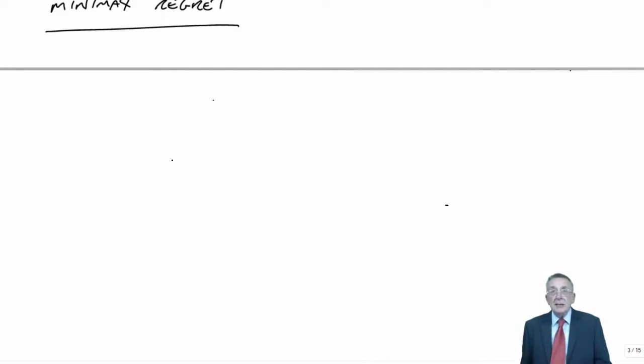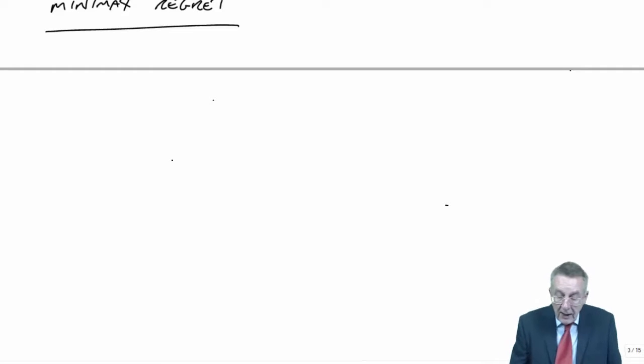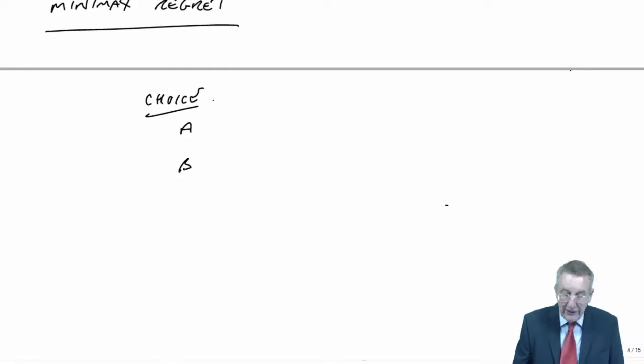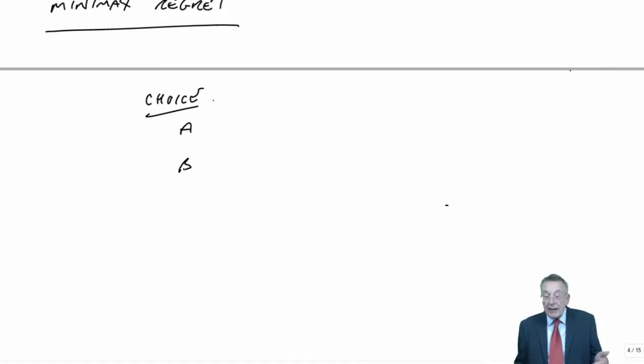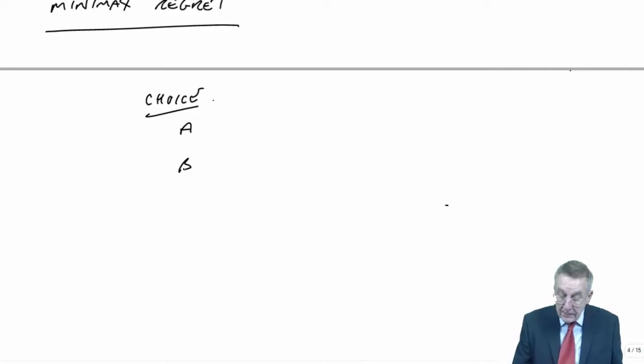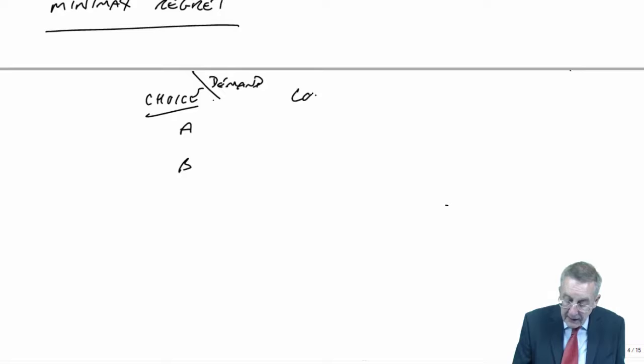A tiny little example. Suppose I told you we had a choice of two things. Maybe we have two machines, whatever. And for each choice, suppose there were just two possible outcomes. Maybe it's the level of demand. There might be low demand or high demand.